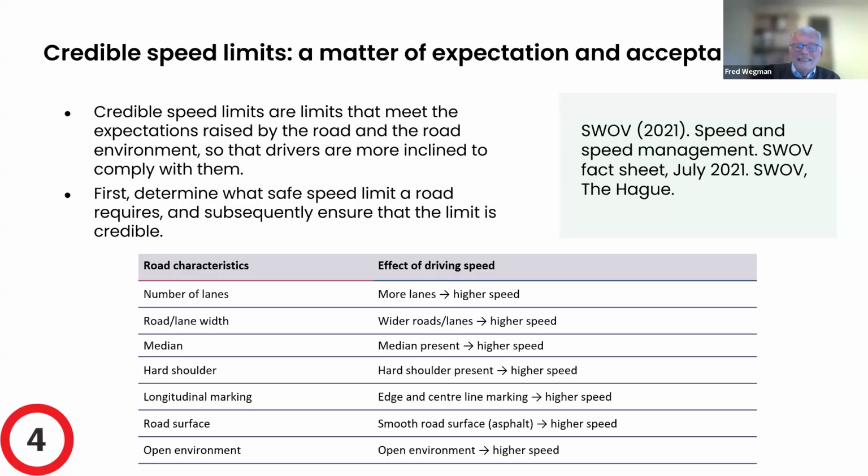If people don't believe in your speed limits, given the environment of the road, don't expect that they obey the speed limit. So you have to create an environment where a safe speed is also a credible speed. And here you see different elements of how to do that related to the design of the environment. And if you have an interest, you can go to this fact sheet as published by my former institute. Next one.